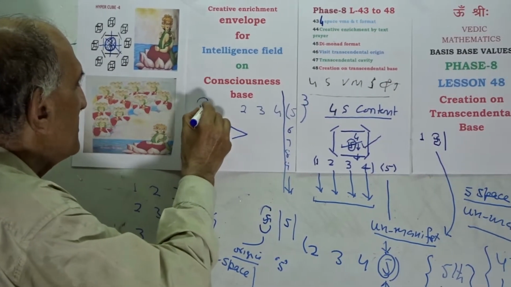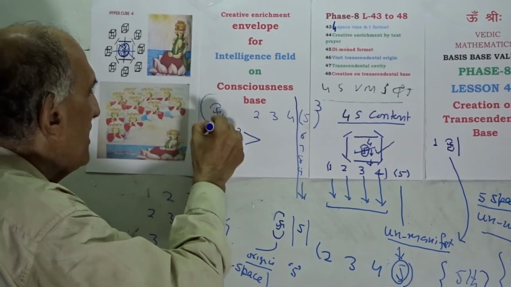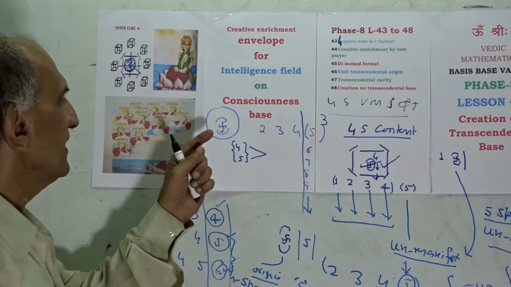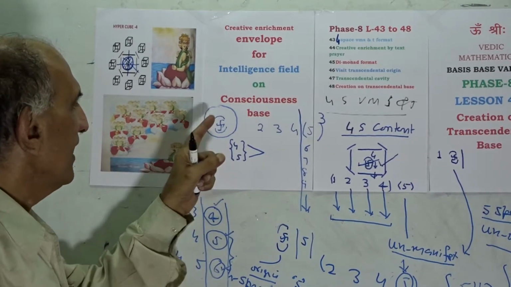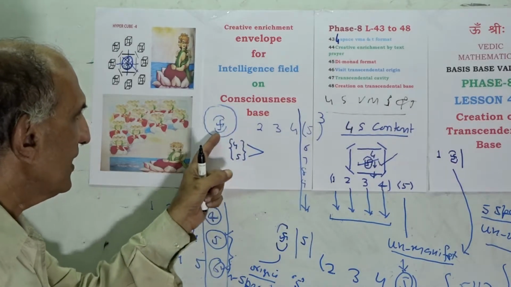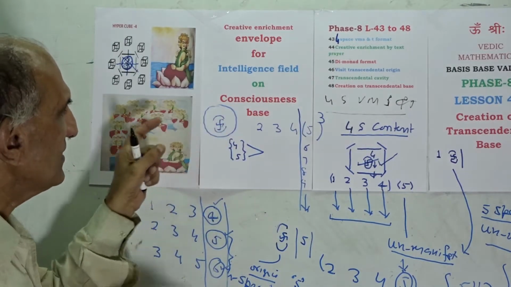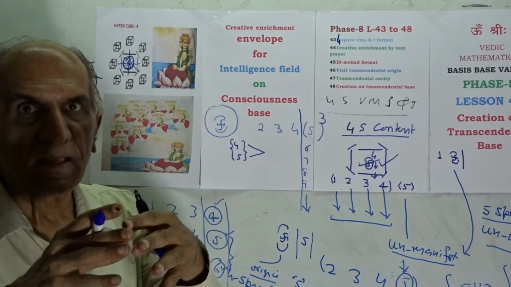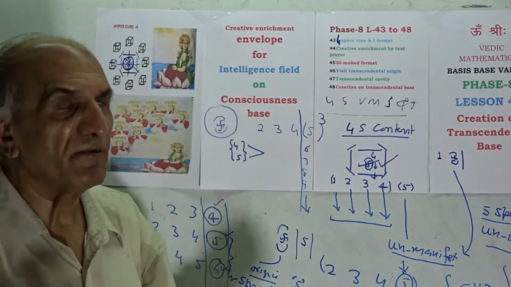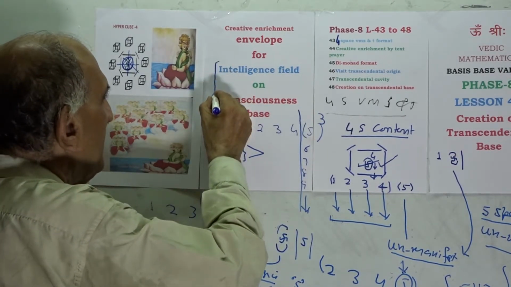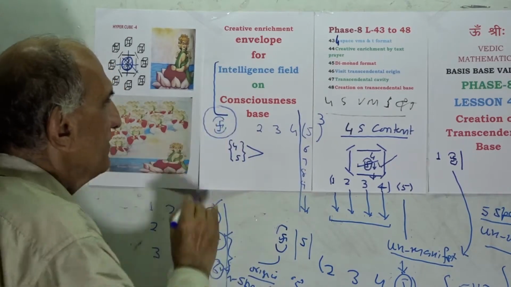So 5 space, which is enveloped within a creative boundary of 10 components, it is this reach at the transcendental domain being within the creative envelope. So it is this reach within the transcendental domain itself being within the creative envelope, which is the phenomenon of the intelligence field upon the consciousness base.